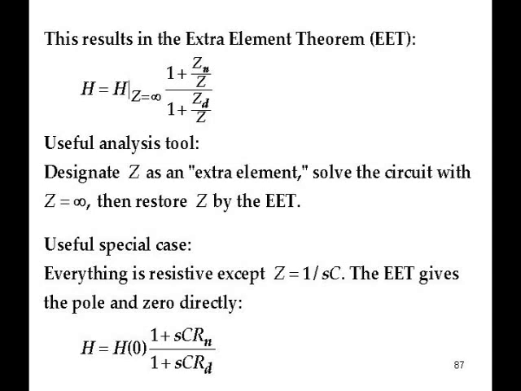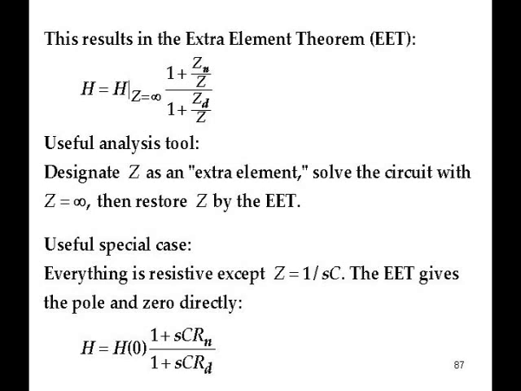And the benefits of the extra element theorem I summarized in the introduction at the very beginning. It means you can save a lot of analysis work by using an answer you already got. That's the H when Z was infinite, when it wasn't there. And you want to add a Z and see what happens, and all you have to do is calculate this correction factor. That is, you have to calculate the two driving point impedances, which are very easy to do. And I also mentioned the special case.